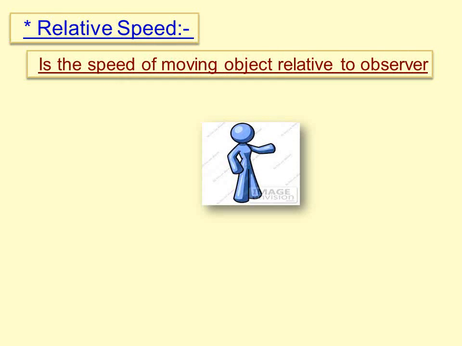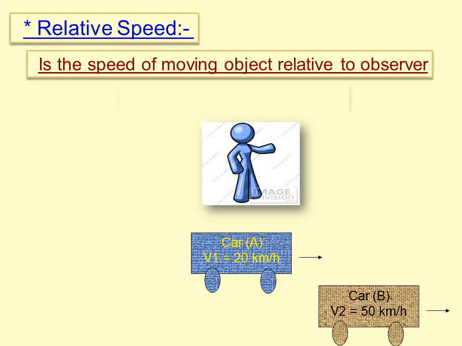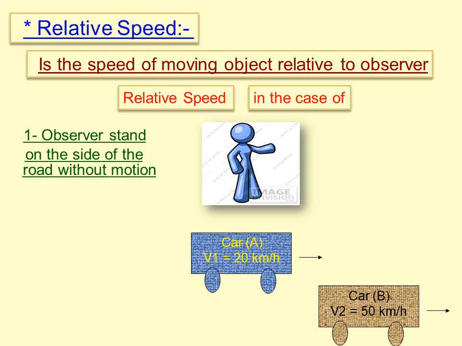We have here an observer standing on the ground, and car A, V1 equals 20 kilometers per hour. And we have here relative speed in the case of an observer standing on the side of the road without motion.